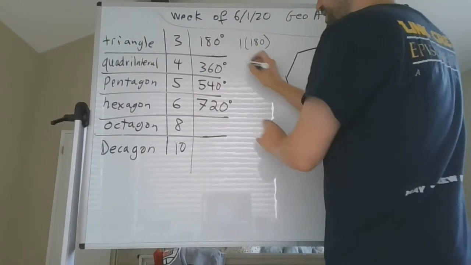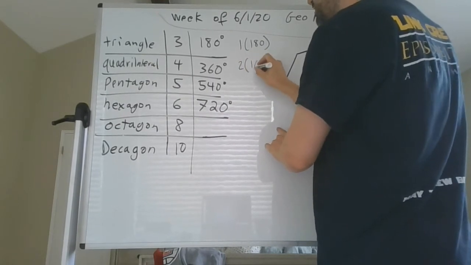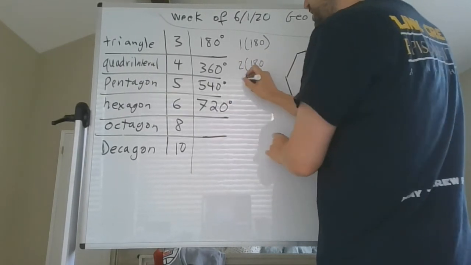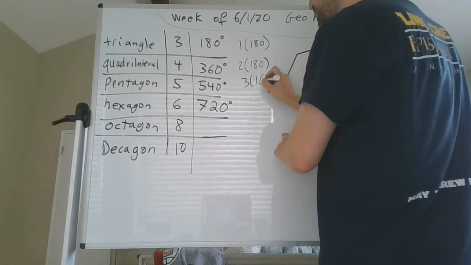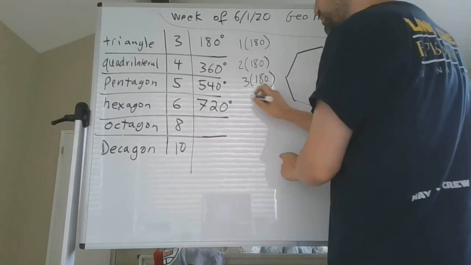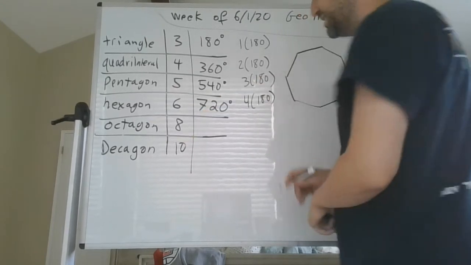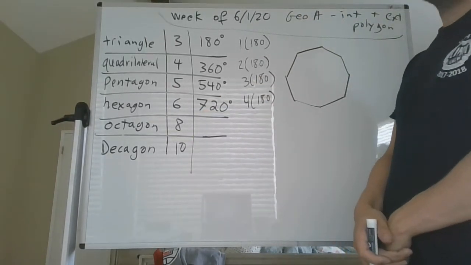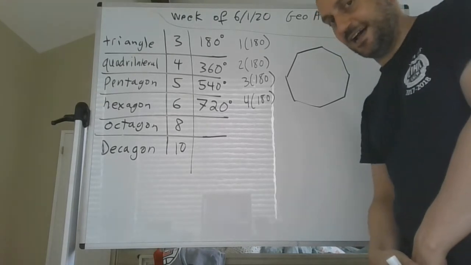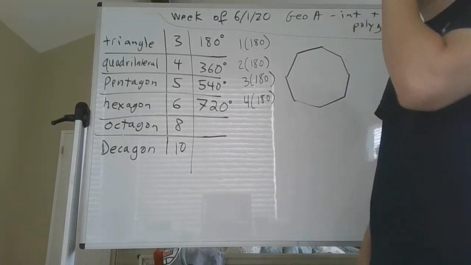A quadrilateral had 2 triangles times 180. A pentagon was 3 triangles times 180. A hexagon was actually 4 triangles times 180. Now, what's going to happen with an octagon? Before you say 5, no, that's not the right answer. Here's what's happening, you guys.